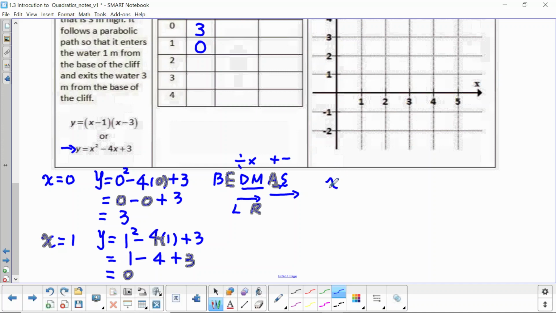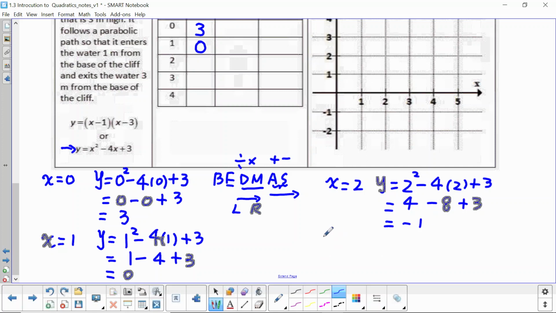Then continue with x equals 2, y equals 2 squared minus 4 times 2 plus 3. You will have 2 squared is 4. 4 times 2 is 8. Plus 3, then do the calculation from left to right. You will have negative 1. Then we are going to do x equals 3. Then y equals 3 squared minus 4 times 3 plus 3.